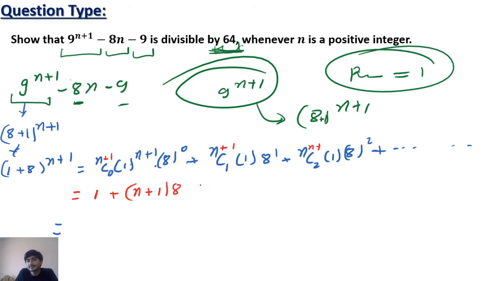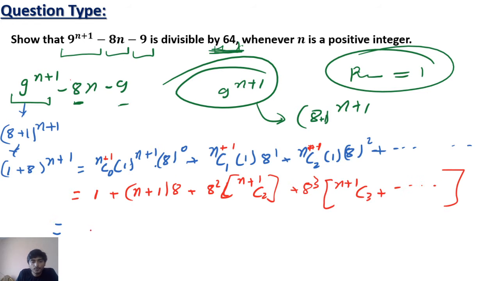And like that, this will become 8 square into n+1 into C2, then 8 cube into n+1 C3, and like that it will keep on going, right?